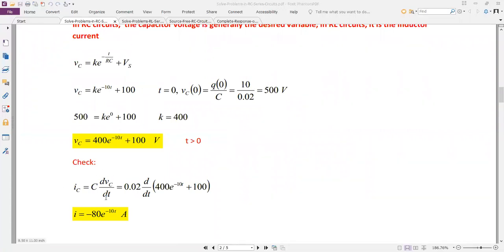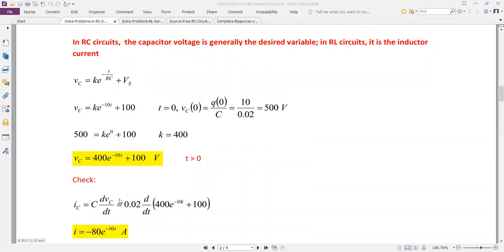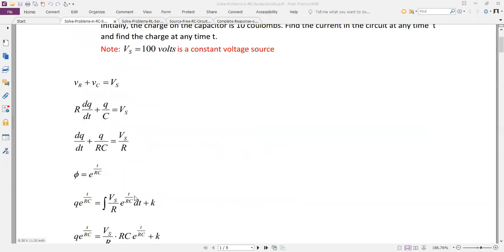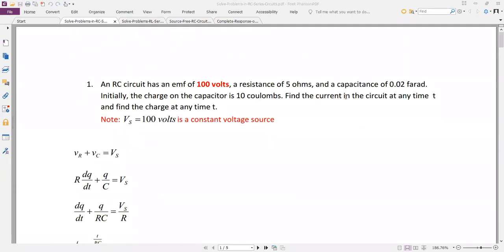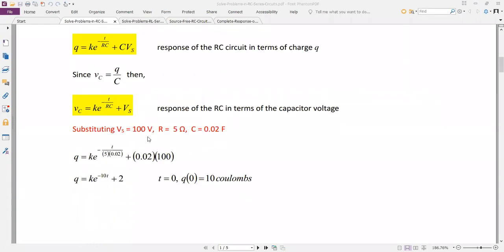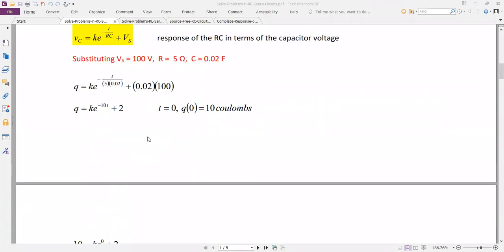The current in your capacitor is equal to C times the rate of change of the voltage drop in your capacitor. So you're knowing something again in here. Okay? So you still have the formula for the current and the charge. That's the main thing that is being asked by the problem here: the current and the charge in your capacitor at any time. So this is for an RC circuit.